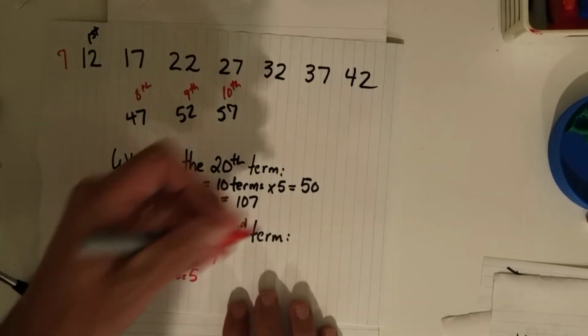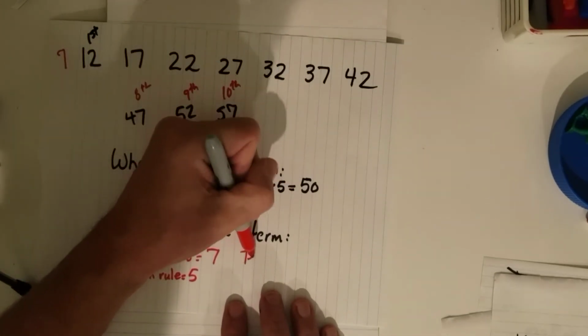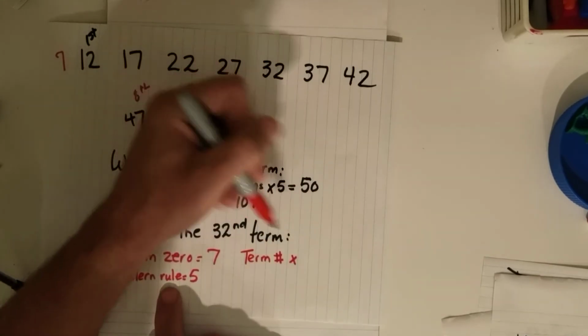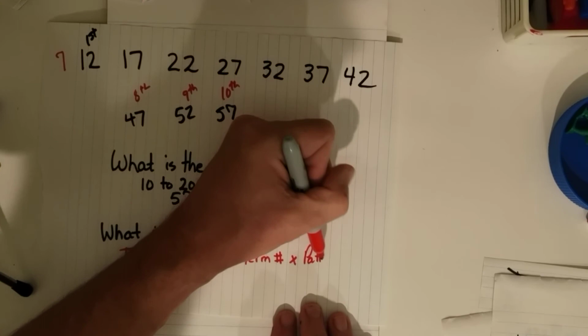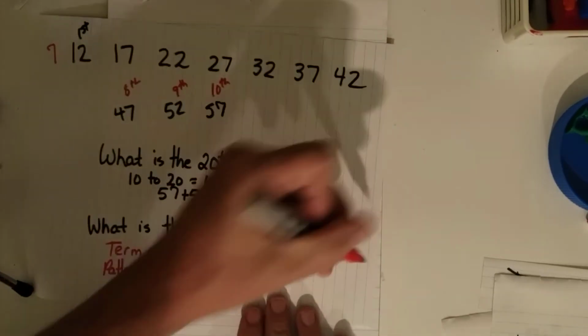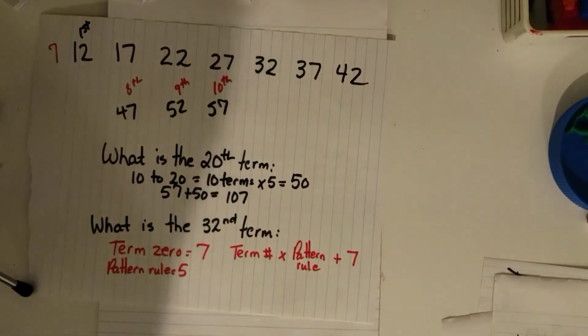So we talked about how if we just take whatever term number we're trying to find times the pattern rule plus term 0, we are always going to get our answer.